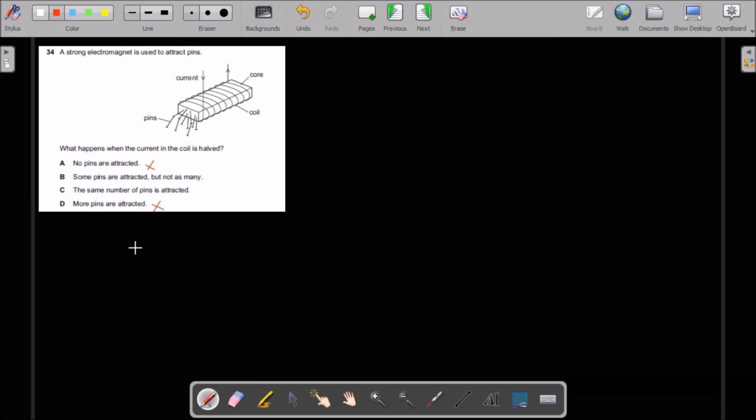More pins are attracted, wrong, because magnetic property will decrease when current is halved. The same number of pins are attracted, wrong. Some pins are attracted but not as many. So B will be right. Because as I said, when current decreases, magnetic field around the coil will decrease, which causes magnetic property to decrease.